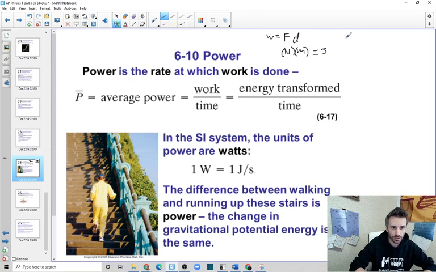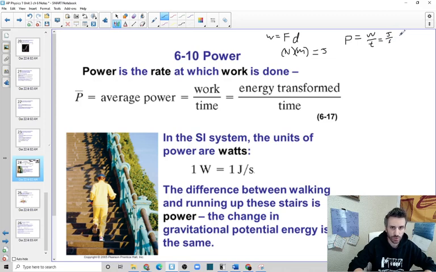So for power, if power is equal to work divided by time, then we are looking at newton meters divided by seconds, or joules per second. But another way to express that is with a different unit.